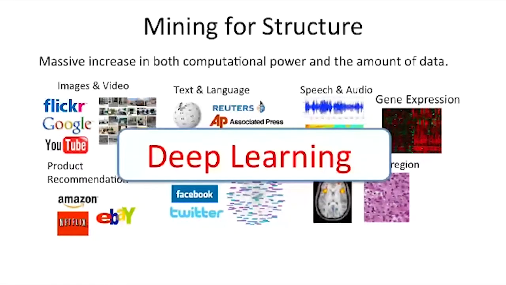One way of doing it is building these hierarchical models, these deep learning models that can extract structure as well as perform inferences at multiple levels of representation. I'll tell you a little bit more precisely what that means.